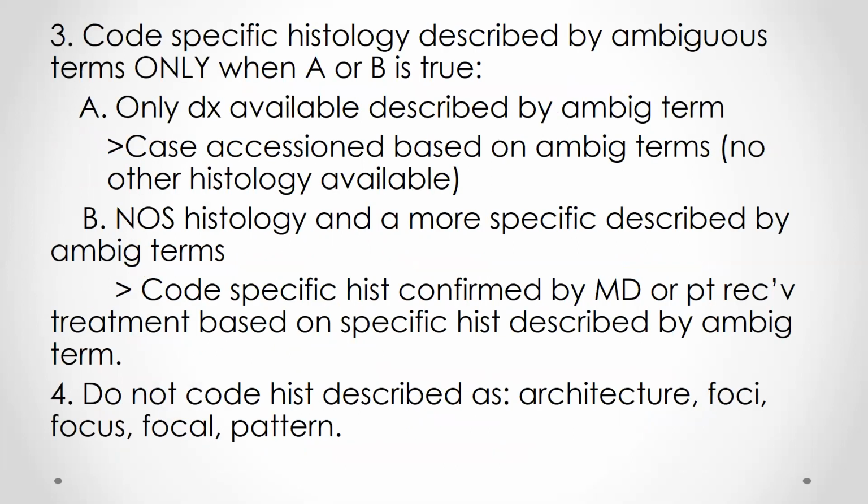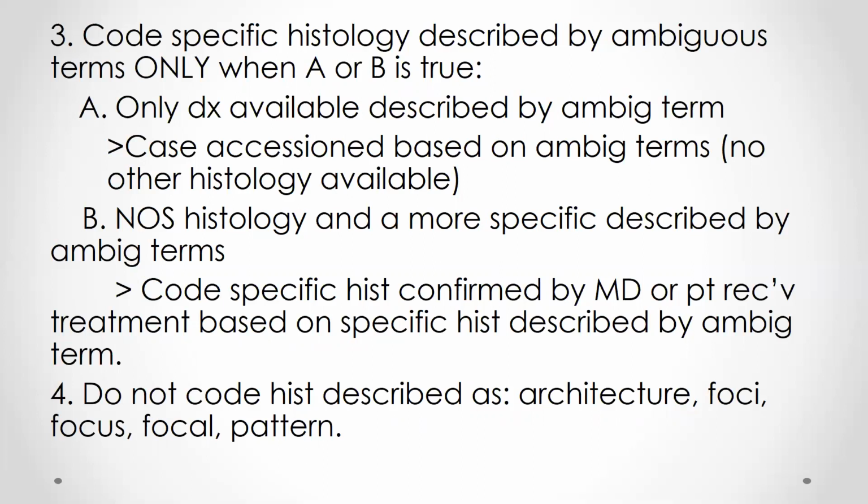Okay, so coding specific histology described by ambiguous terminology. A or B listed here has to be true. So the only diagnosis available is described by ambiguous terms. You would accession the case because that's all you have.